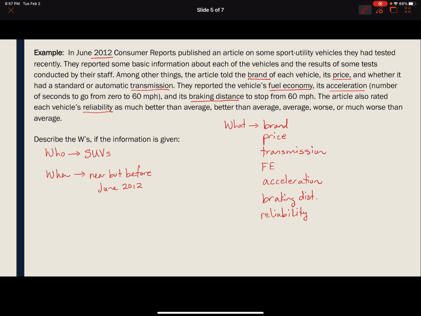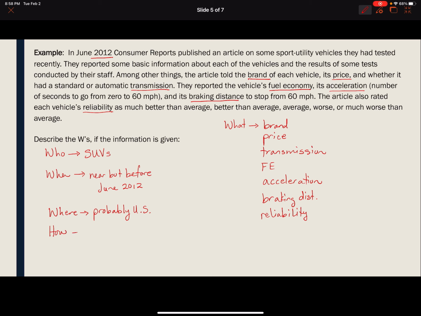The where, it does not specifically tell us where, but Consumer Reports is a company in the United States. So I'm going to assume that this is probably the US, but I'm guessing here. I'm making an assumption. The how was this study conducted?